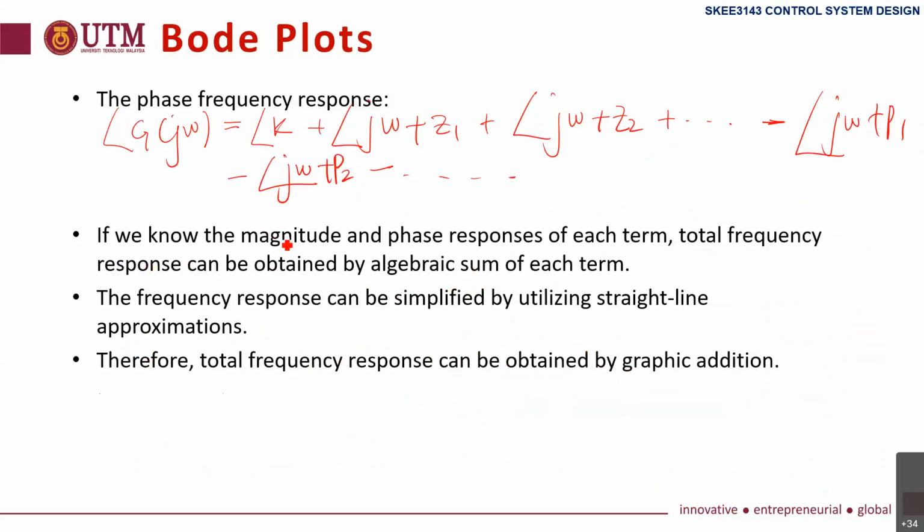If we know the magnitude and phase response of each term, if we are able to find each one by one, for K, zero 1, zero 2, pole 1, pole 2, and so on, then we can get the total response by algebraic sum of each term.